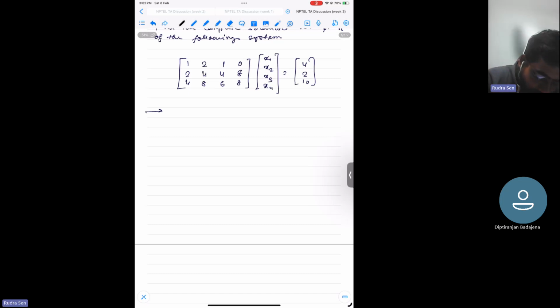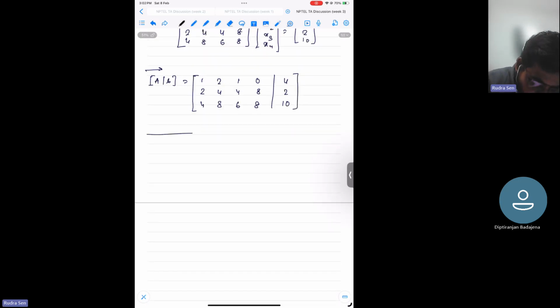The first thing we have to do is augment the A and B matrices, and then do the Gauss elimination method. So we change R2 to R2 minus 2R1, and R3 to R3 minus 4R1.